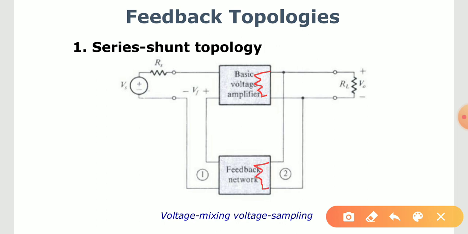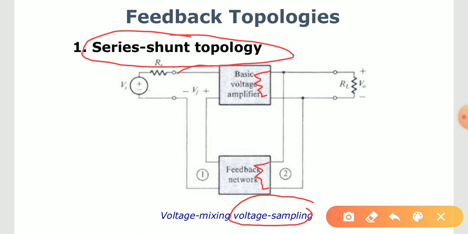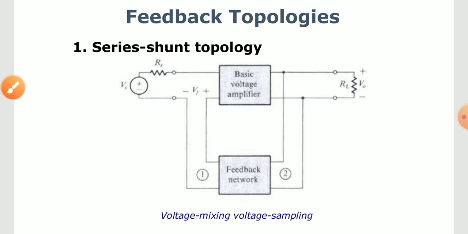So which term is constant, or which one is the independent variable here? This is the voltage term, and for this reason voltage sampling occurs there. So for the series-shunt topology, the mixing is done for the voltage, and the sampling network works for voltage sampling also.